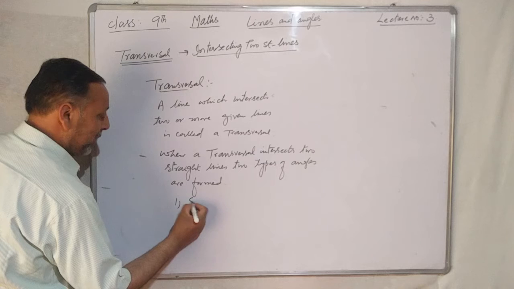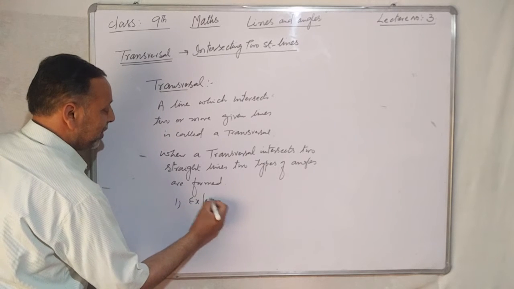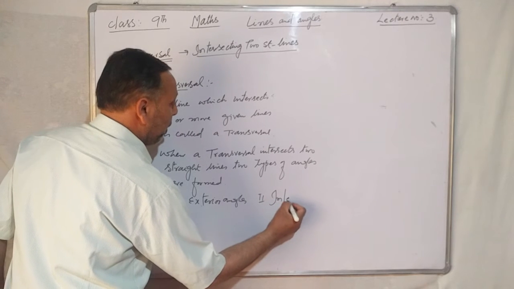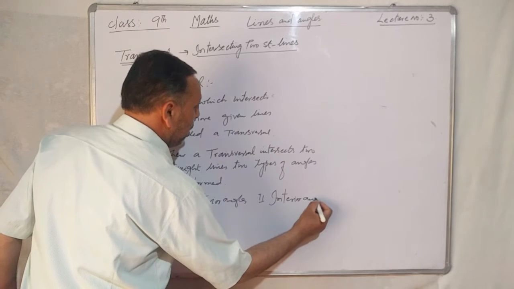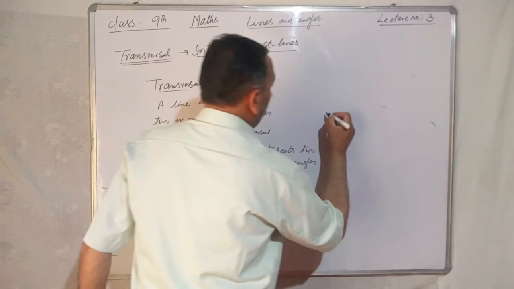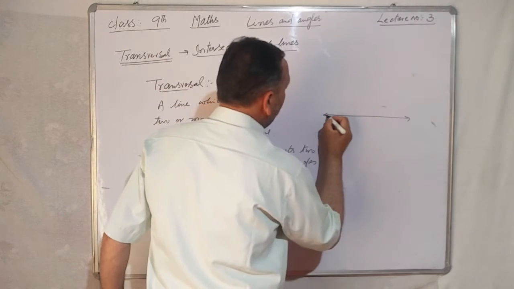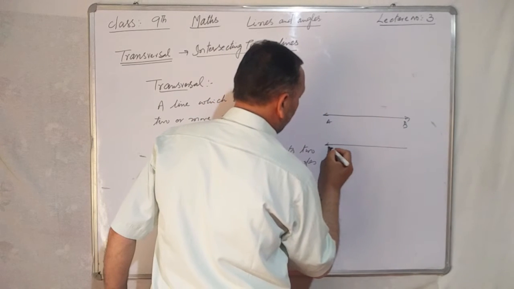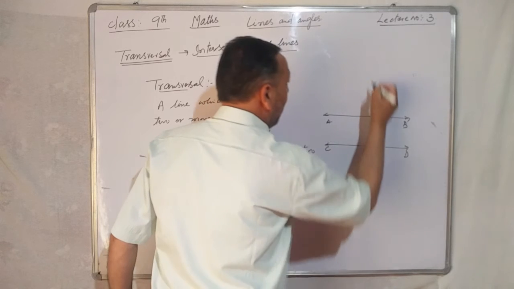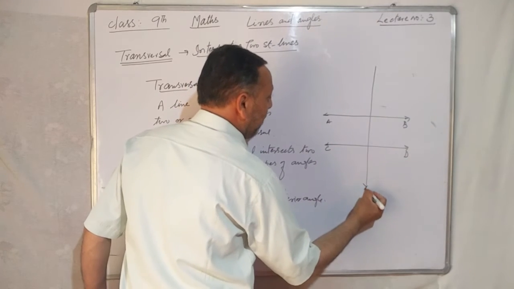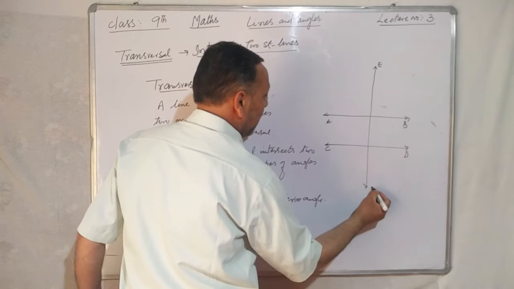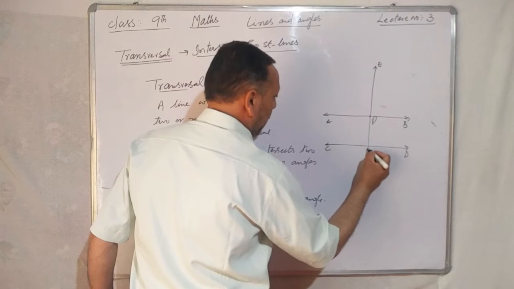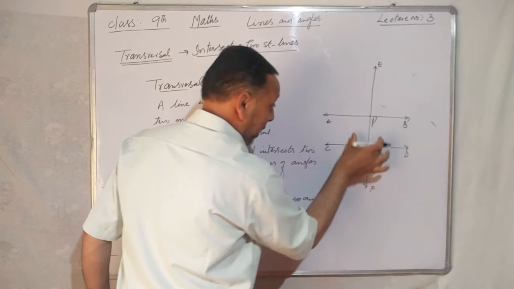Number one is the exterior angles, and number two, interior angles. Let AB be a straight line and CD be another straight line. Let a transversal EF intersect them at P and Q. Then a total of 8 angles are formed.